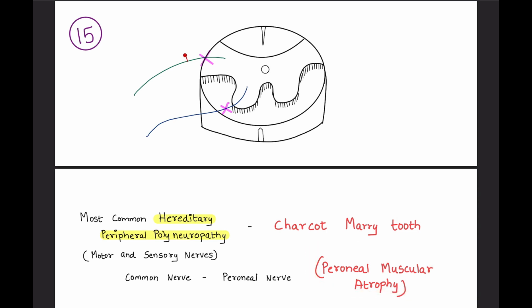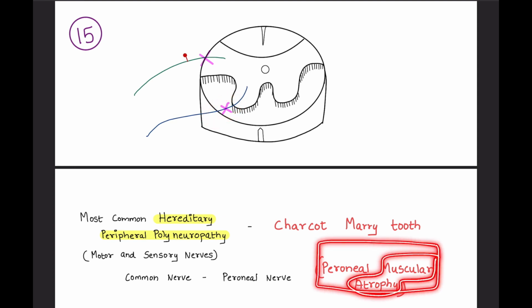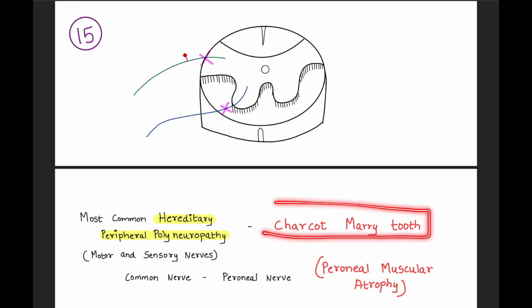Because in this condition, the lesion attacks mostly the peroneal nerves in the lower limb, and because of the lower motor neuron lesion, there is muscular atrophy. That's why the name peroneal muscular atrophy or Charcot-Marie-Tooth.